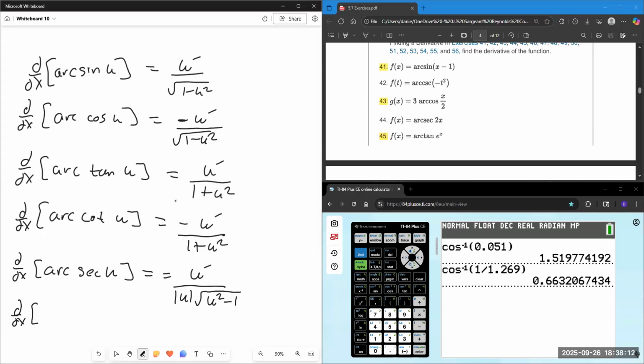Some books have the absolute value inside of the secant. Some have them down here. I'll do it down here because secant values can be negative for sure. So arc cosecant of u is same thing but negative. Like that. And let's go ahead and use those now to solve some problems. So starting with number 41.